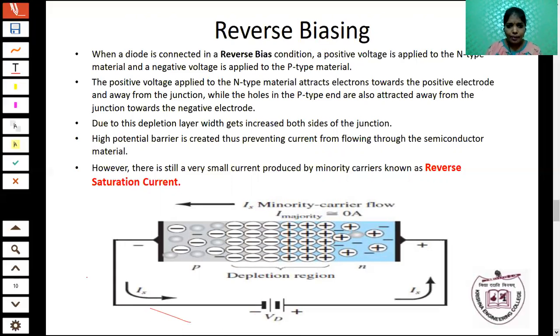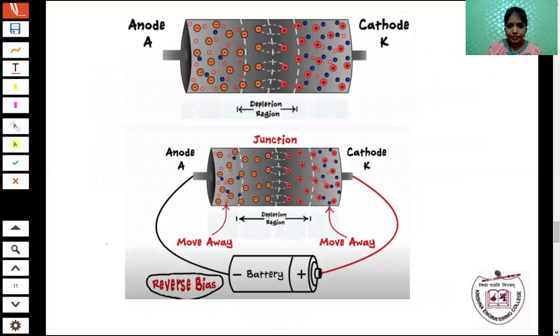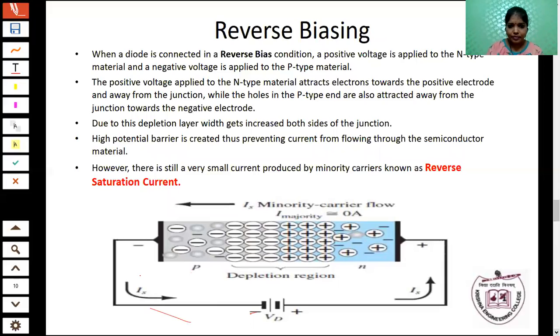Here the P type material is connected to the negative terminal of the battery. The N type material is connected to the positive terminal. As I said earlier, here it is of the opposite charge, that is, P type is connected to negative and N type is connected to positive.